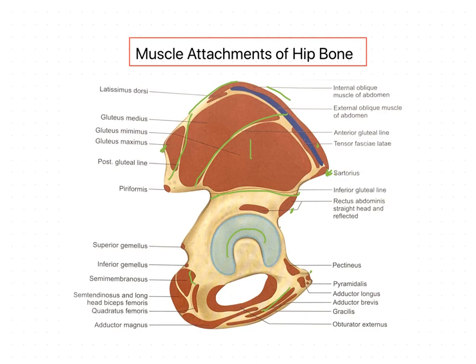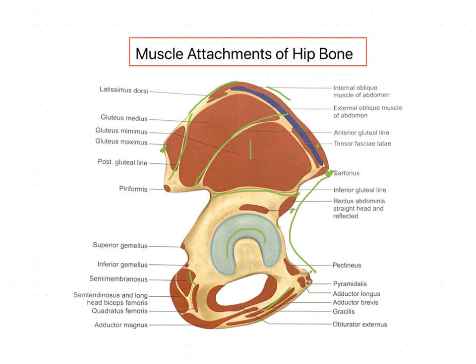So these are the muscles also originating from the anterior superior iliac spine, the muscles which are mainly present in the front of the thigh.